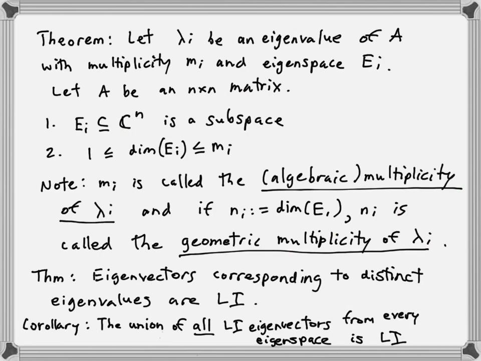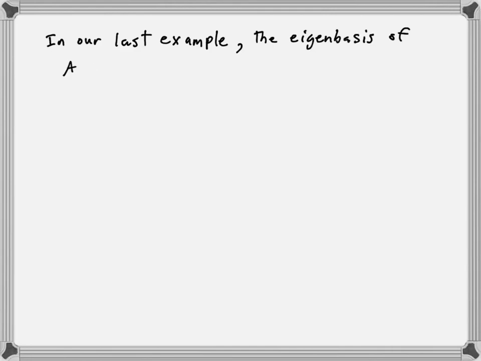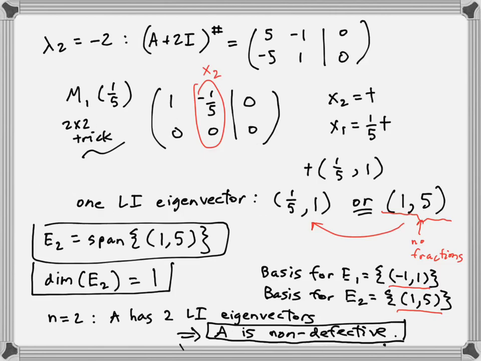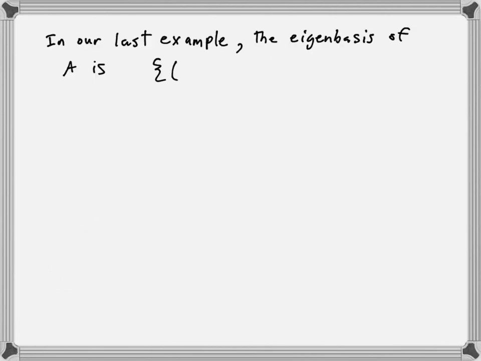So in our last example, the eigenbasis of A is (-1, 1) and (1, 5), and is a basis for R2.